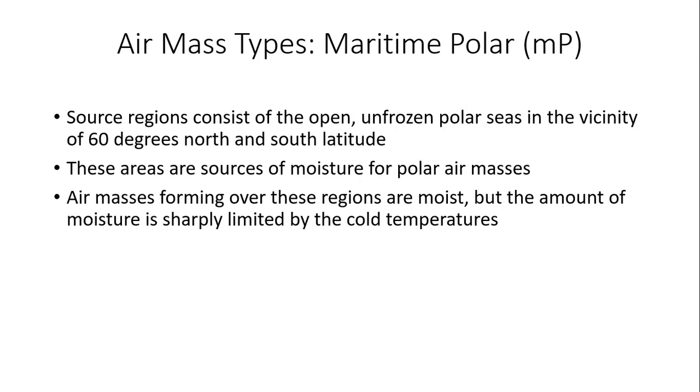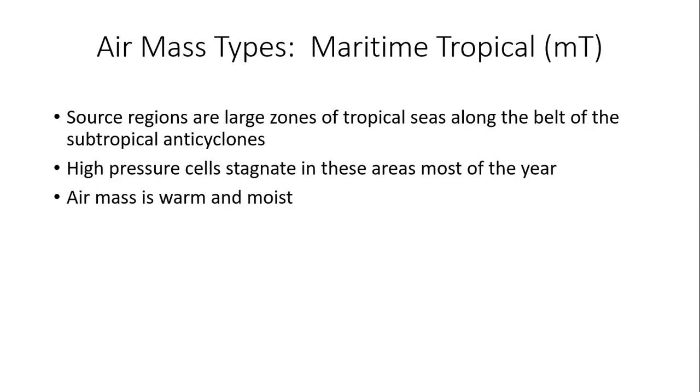Okay? And then for maritime tropical air, this is abbreviated by the initials MT. The source regions are large zones of those tropical seas or tropical waters along the belt of the subtropical anticyclones or high pressure systems, such as the Bermuda High.